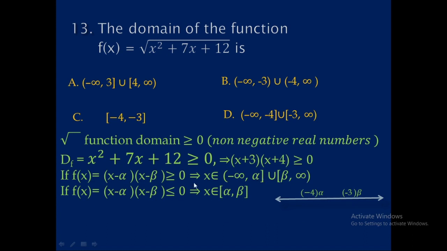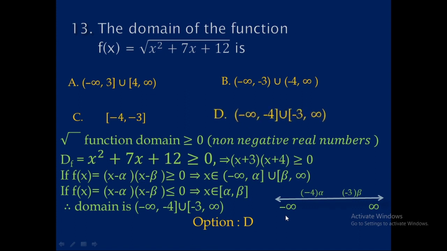Less than or equal to 0 means the interval alpha to beta. Here alpha is minus 4 and beta is minus 3. It is positive, therefore the domain of this function is minus infinity to minus 4 union minus 3 to infinity. So option D is the correct choice. Therefore, the answer is option D.